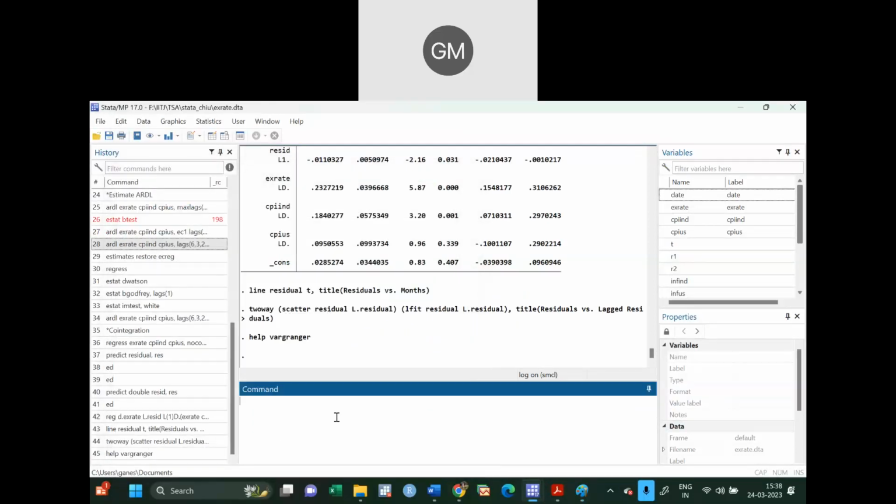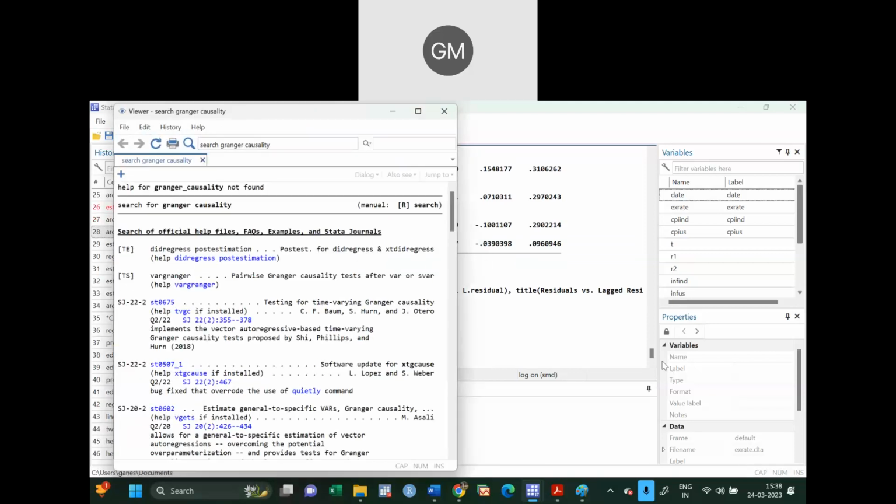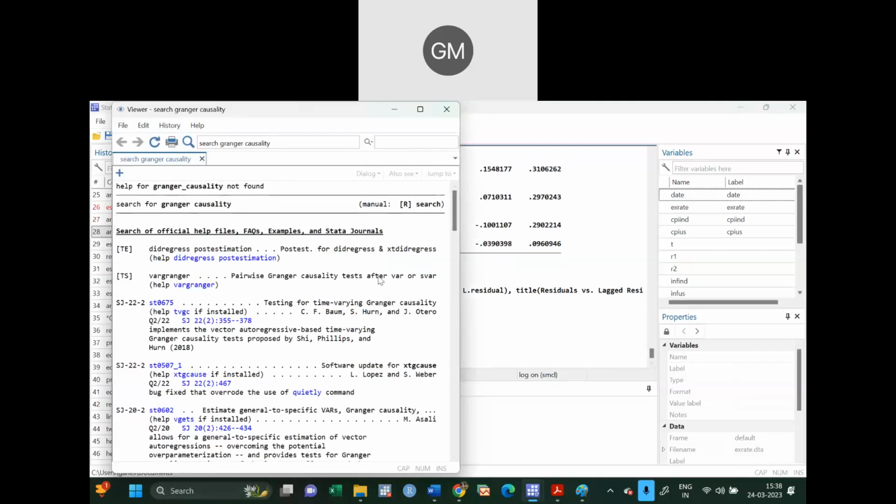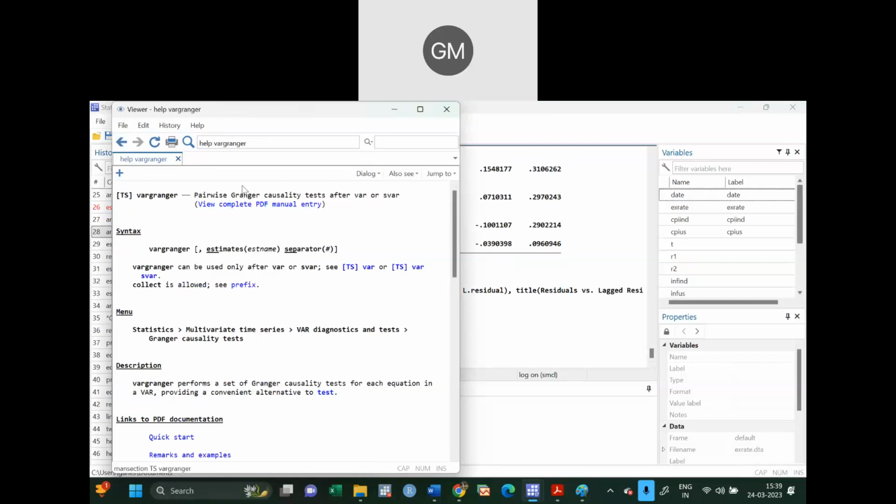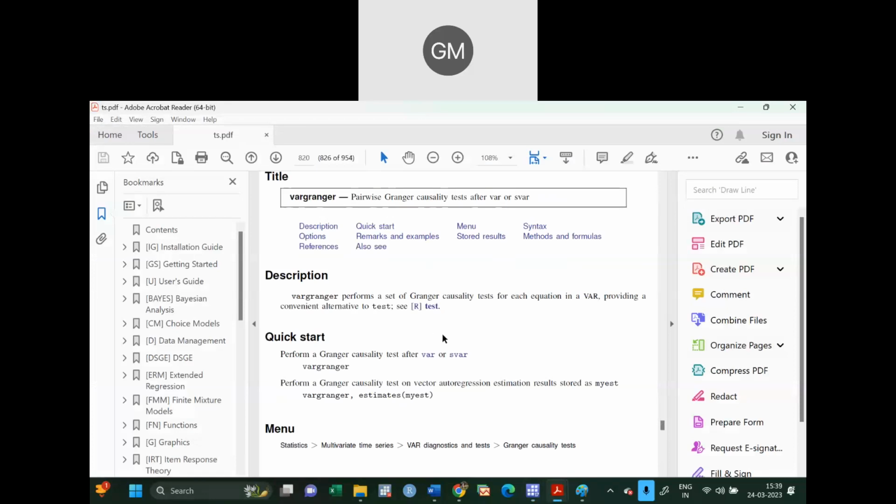Whenever you do not understand anything, you simply write help Granger causality. It will take you to vargranger. You click on vargranger, and then it will tell you to view the complete PDF manual. So we click here, and it will take you to the PDF.